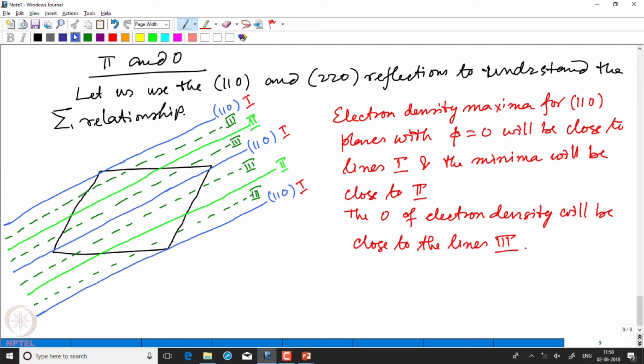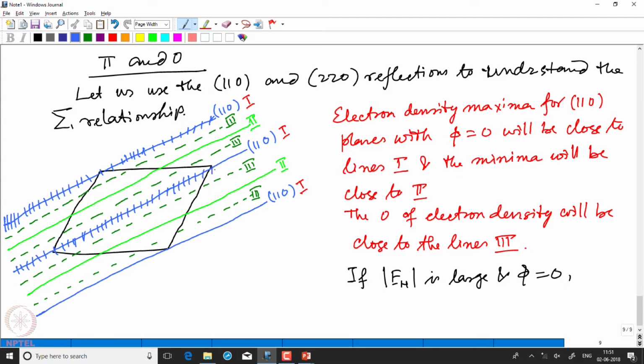So what will happen is, if the mod EH is large and phi is equal to 0, we will see the large electron density close to the lines marked as 1, and minima will be close to 2 and 0 will be close to 3.